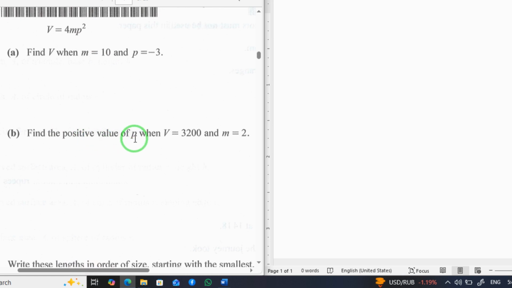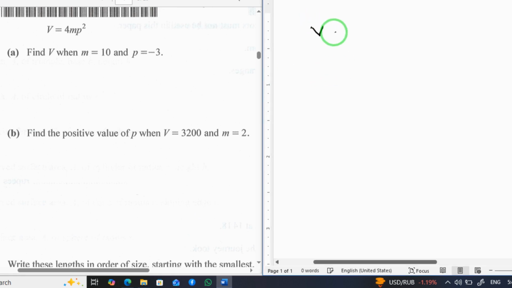Part B, find the positive value of p when v is 3200 and m is equal to 2. So we write the formula v is equal to 4mp squared.